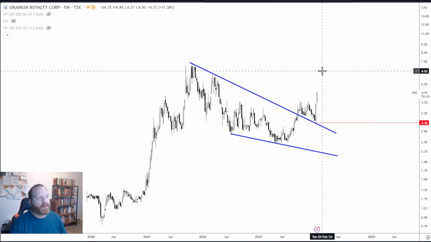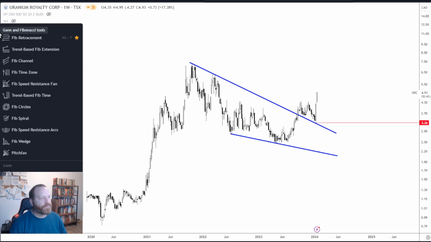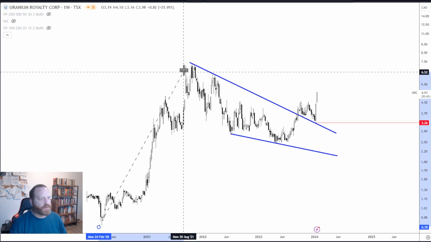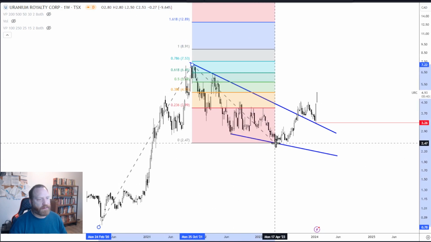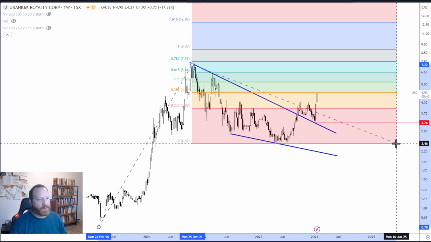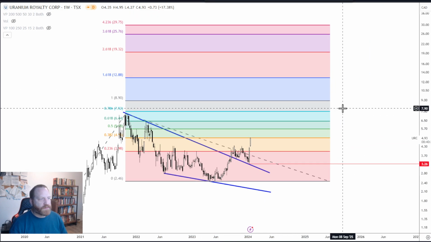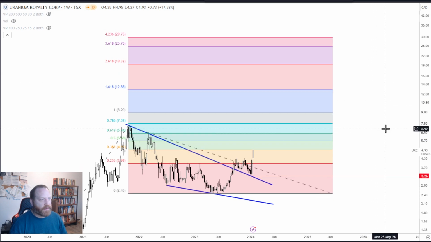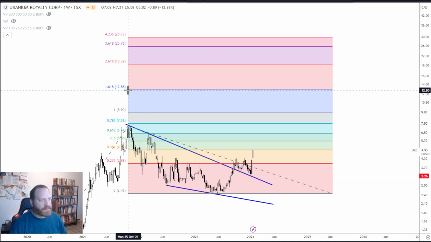So then I will look at some extensions. So let's say here. Now what are we looking at? The next supports and resistances: we got a 1.618 here, and we got a 2.618 here.